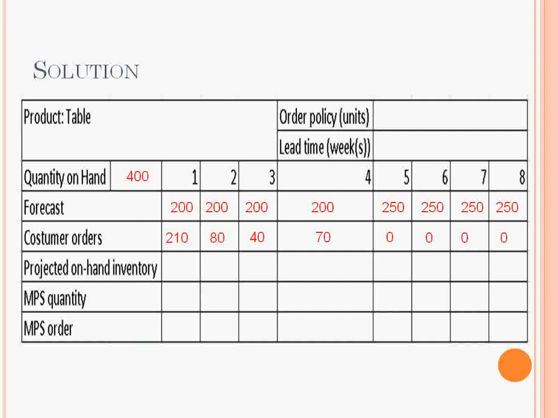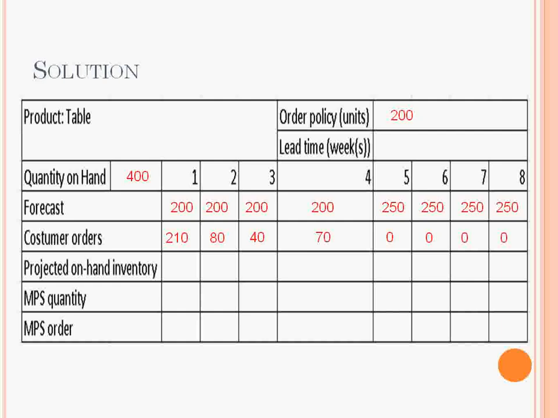That means we have 400 tables as stock at the beginning of the process. Order policy contains 200 tables. So if we make an order, we will get at least 200 tables from the factory.